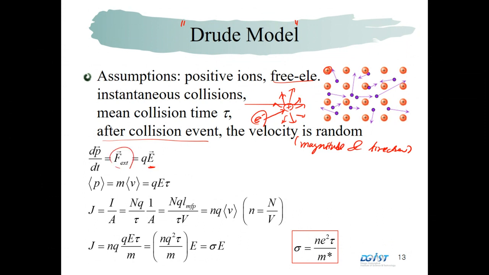If we have a conductor here and apply a voltage across it, we have an internal E field, and each charged particle feels the Coulomb force, QE, which accelerates the electron in the field direction.